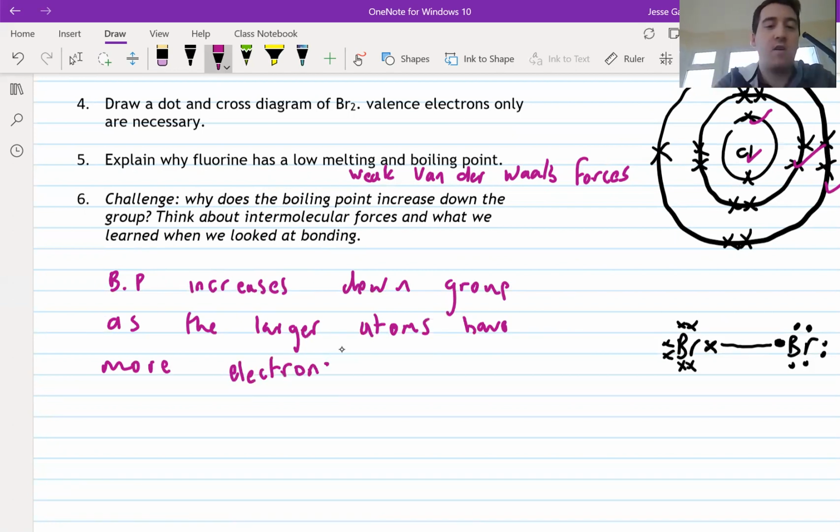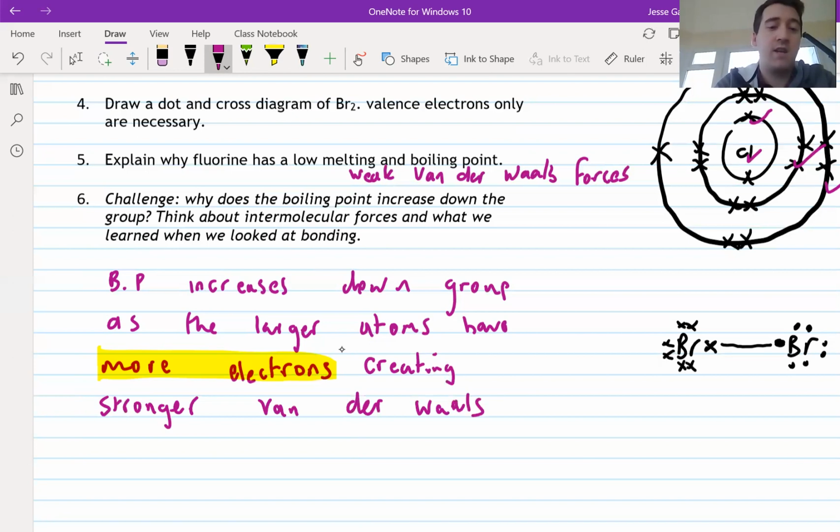So you should definitely refer to the bigger atoms down the group having more electrons, creating stronger van der Waals forces. You can call them van der Waals intermolecular forces if you want. So you can use the keyword intermolecular in your answer because it is in the question.